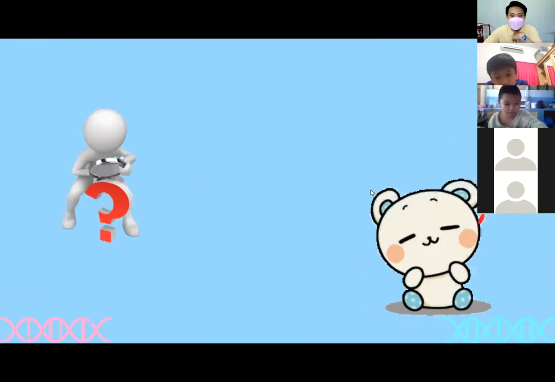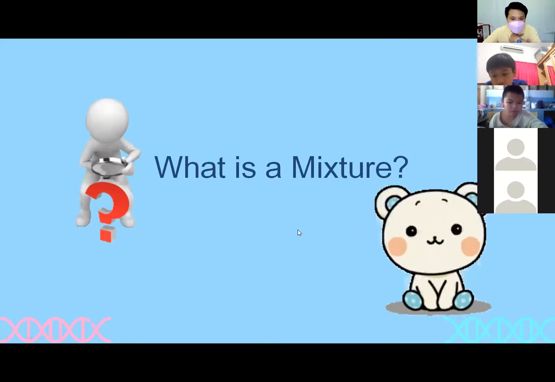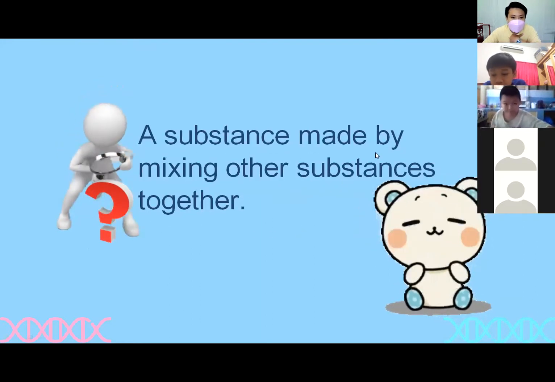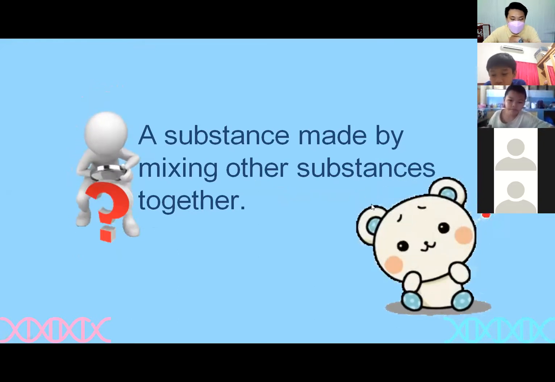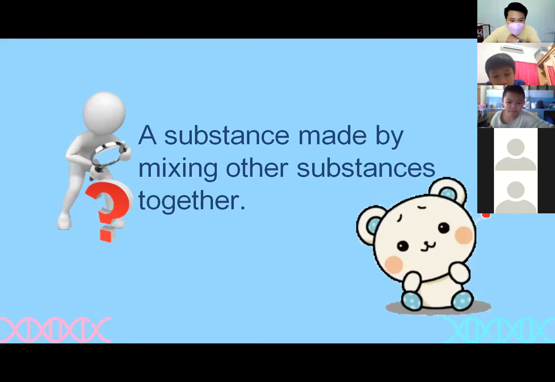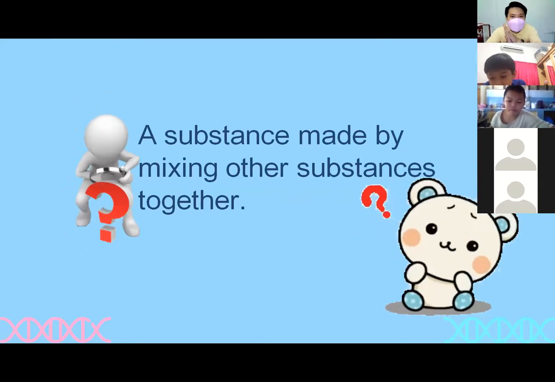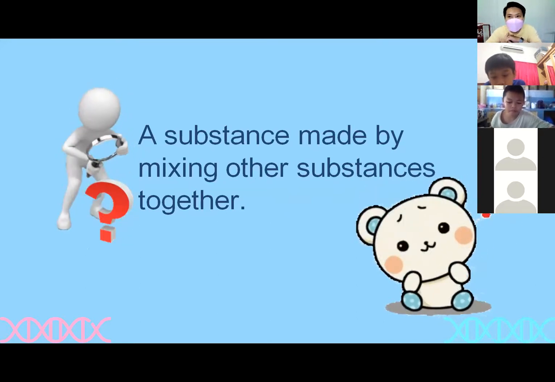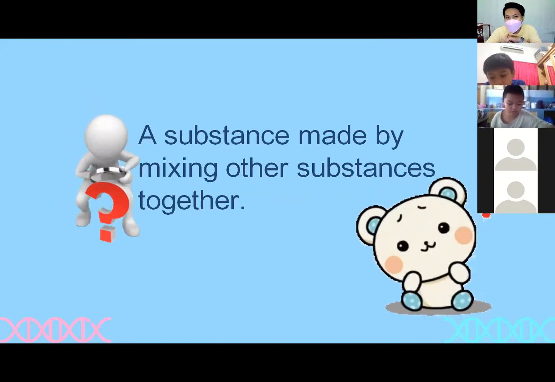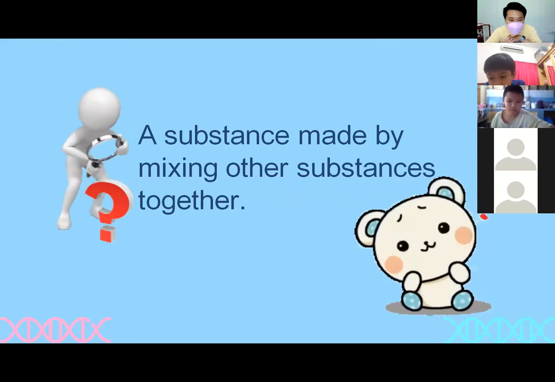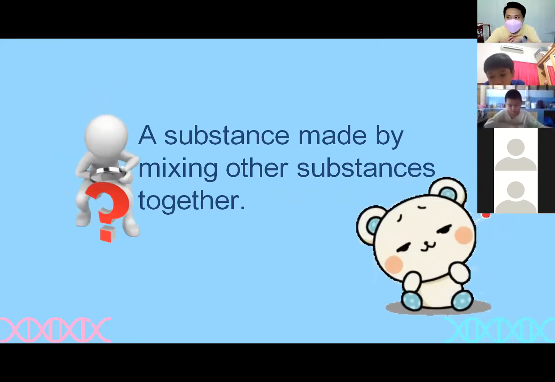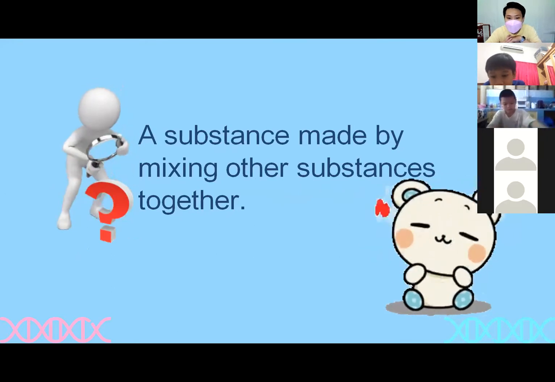So first, what is a mixture? It's a substance made by mixing other substances together. Just like what I've told you, mixing together. Example, if you want to make a chocolate drink, what's the first thing you have to prepare?